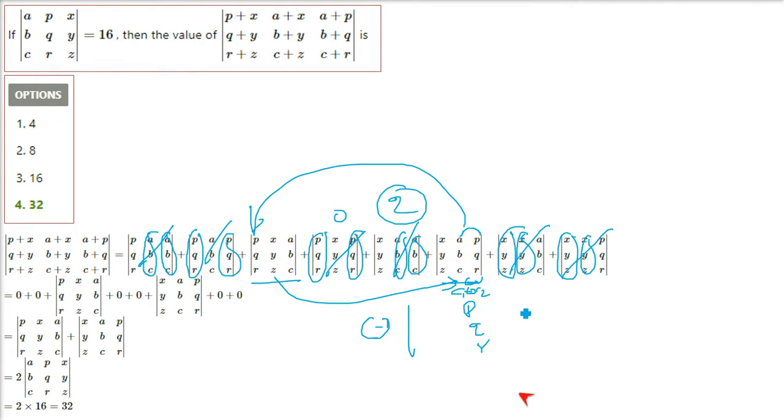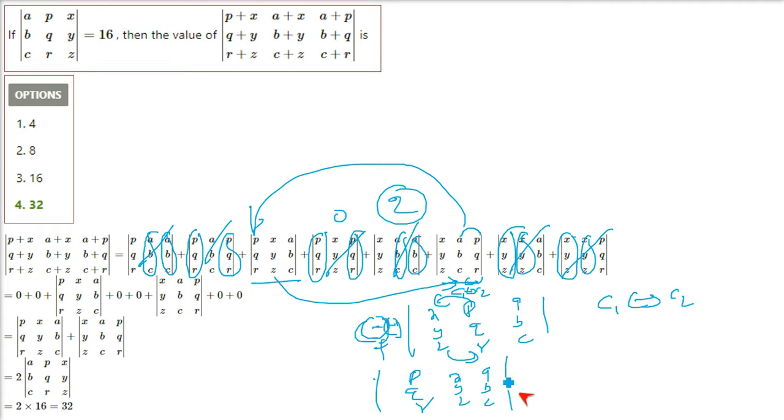So P, Q, R, A, B, C and this X, Y, Z. Now we are exchanging column 1 and column 2. So this will be P, Q, R, X, Y, Z, A, B, C. Previously minus has come, then next exchange minus has come, minus becomes plus. It will be twice of this matrix, which is 16. Twice of 16 is 32.